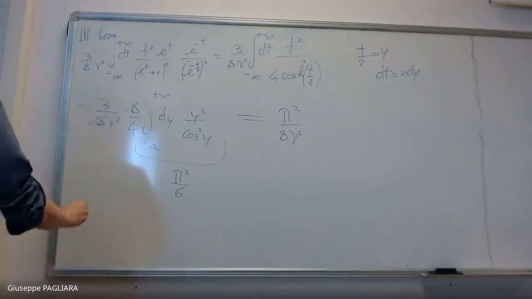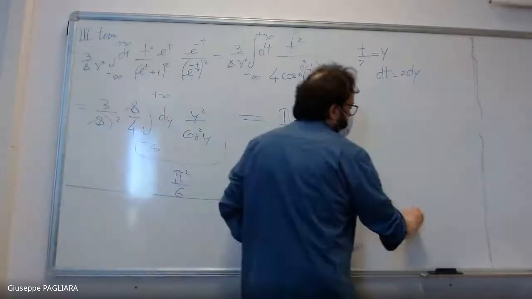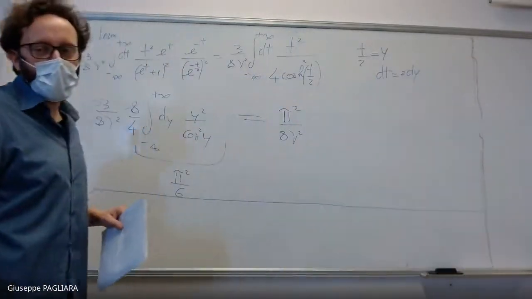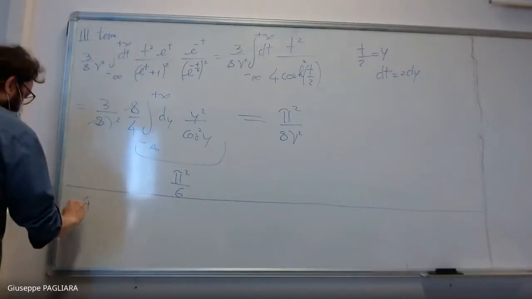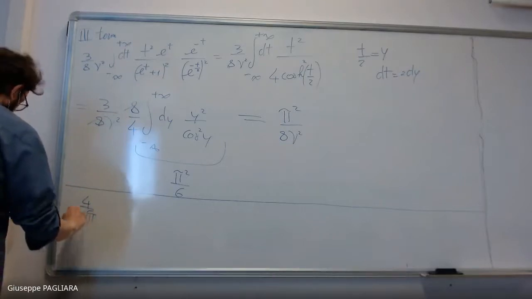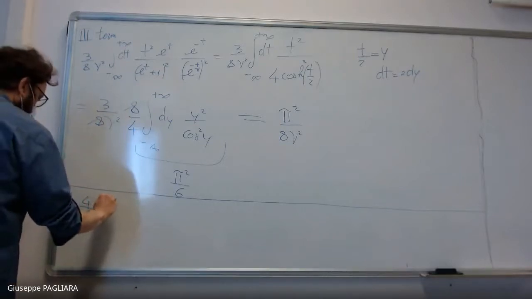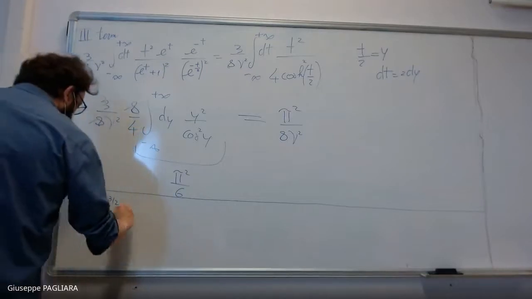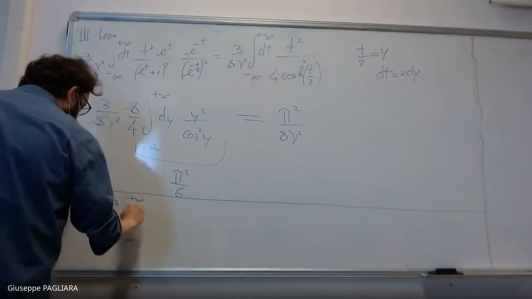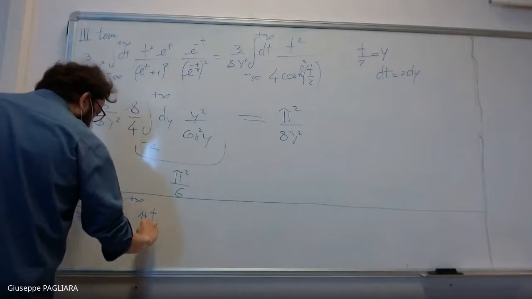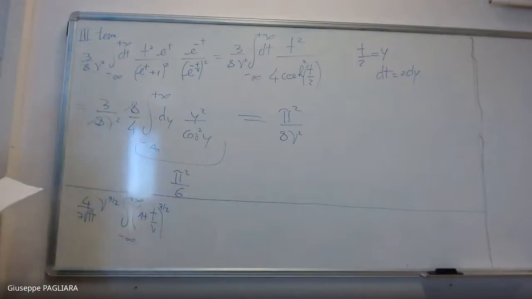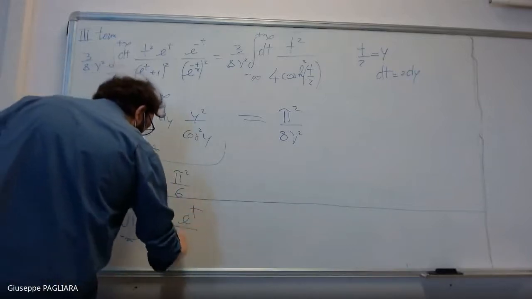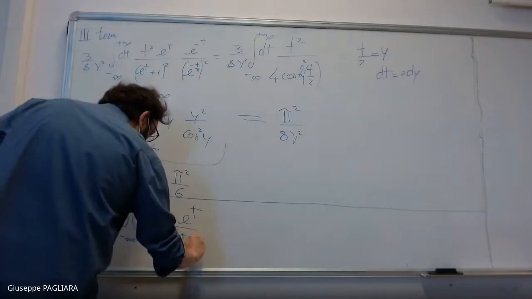Now let me come back to the previous expression, and I'm almost done, I promise. Before we wrote 4 divided by 3 square root of pi mu to the power of 3/2, then there was this integral from minus infinity to plus infinity of (1 + t/mu)^(3/2) e^t over (e^t + 1)^2.